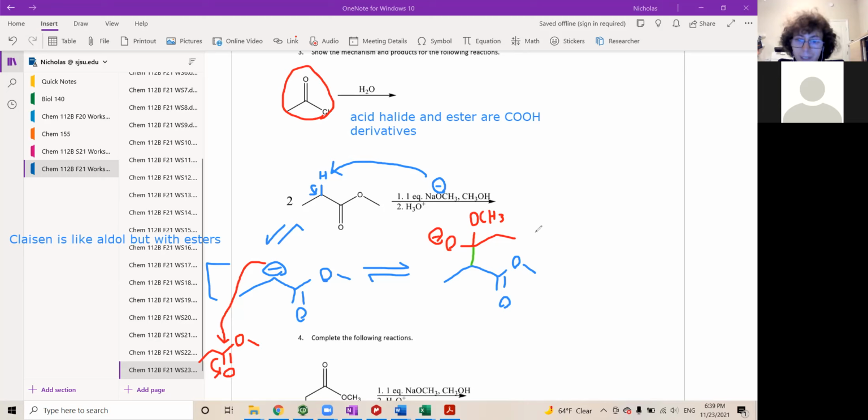Yeah, because this is another leaving group, just like the halogen was a leaving group. So we're gonna reform the carbonyl and kick out this methoxy, because that's a leaving group.